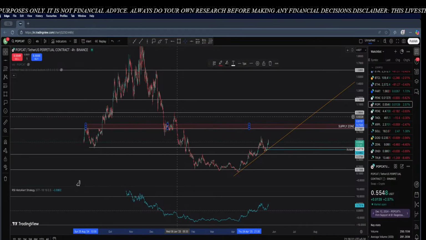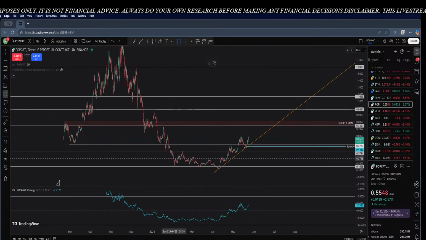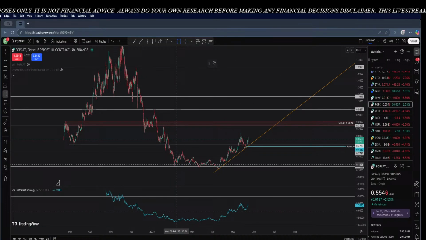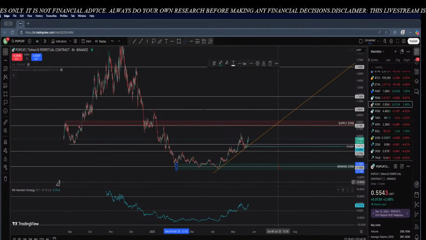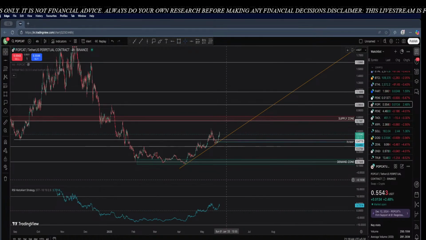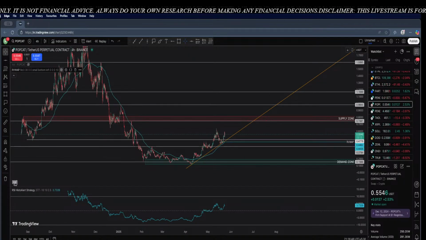Something like this. Of course, I'd love to do this as well. Beautiful. So these are going to be some key levels on Popcat.